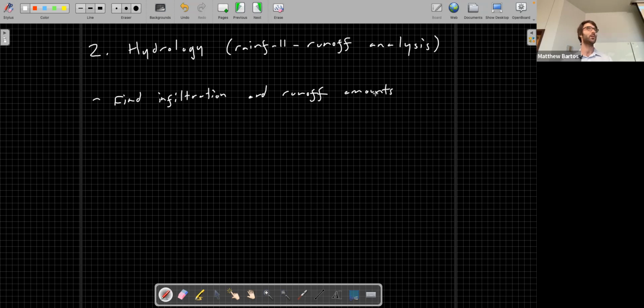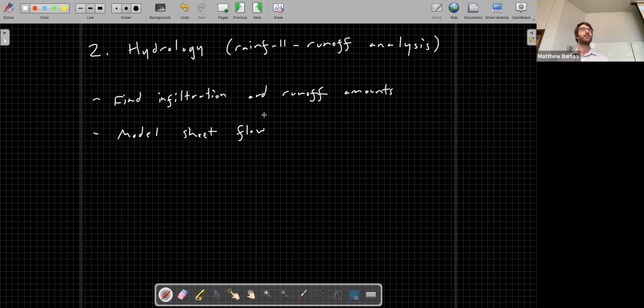Okay, and why would we need to know that? Why would we need to know infiltration and runoff amounts? Yes. Yeah, we can model sheet flow. So after you compute infiltration and runoff, you can model the sheet flow across a land surface.